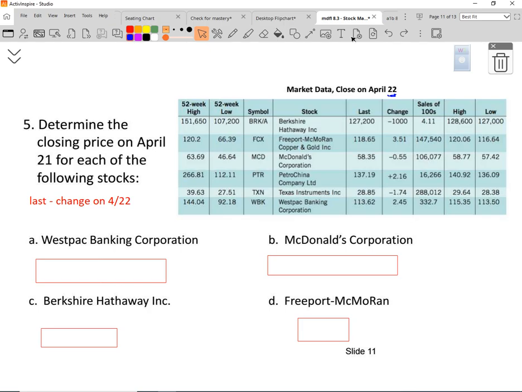You're not finding the percent increase or decrease here, you're just finding the closing price. So it's the last on 4/22 minus the change on 4/22. And then we'll do some examples. So this is last minus change here.